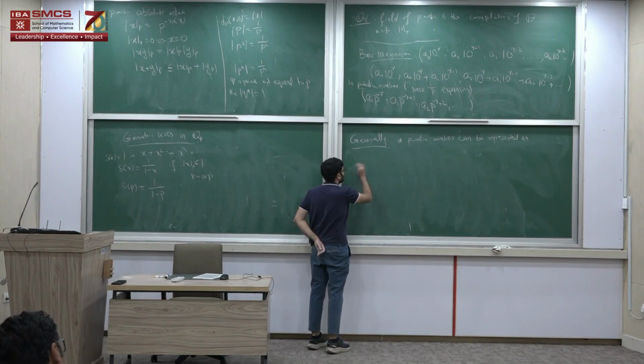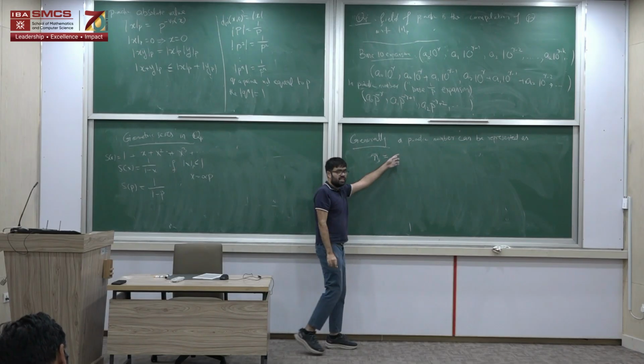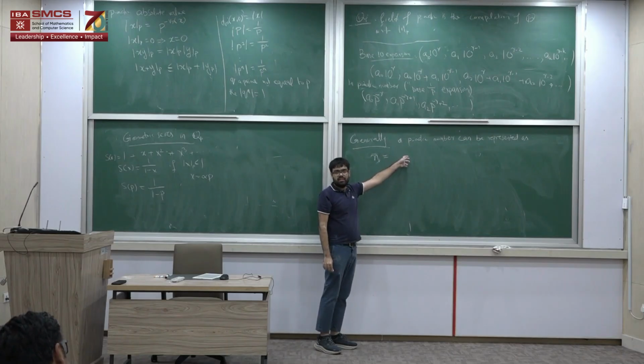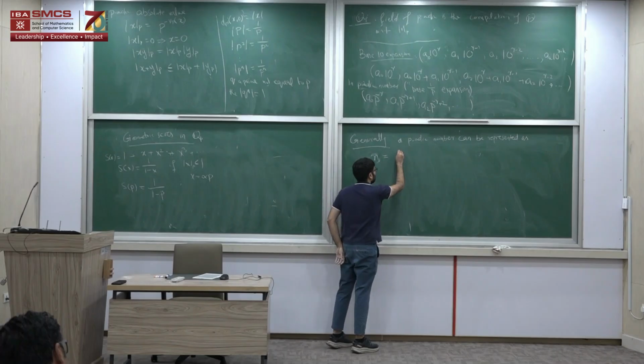There is a minimum power of p, and this minimum power of p takes the place of the maximum power of p.